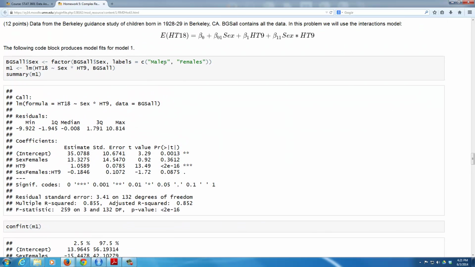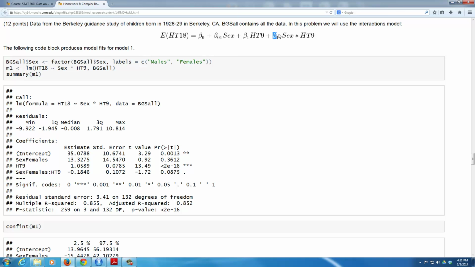And the model that we're going to estimate is an interaction model that has a separate sex intercept adjustment, a slope term for height at age 9, and a changing slope term based on the sex by height 9 interaction.